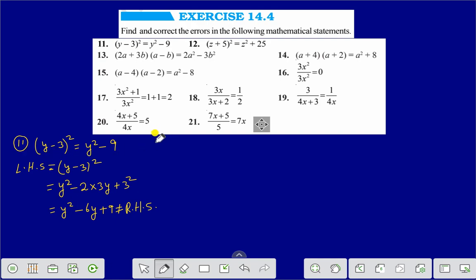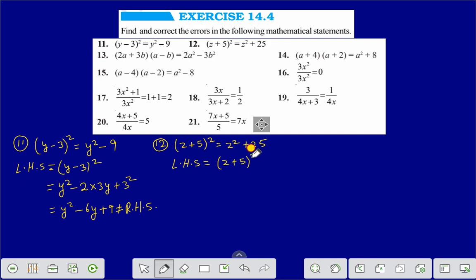To solve question number 12. Question number 12 is (z plus 5) whole square is equal to z square plus 25. If you start from the left hand side, you are getting (z plus 5) whole square.